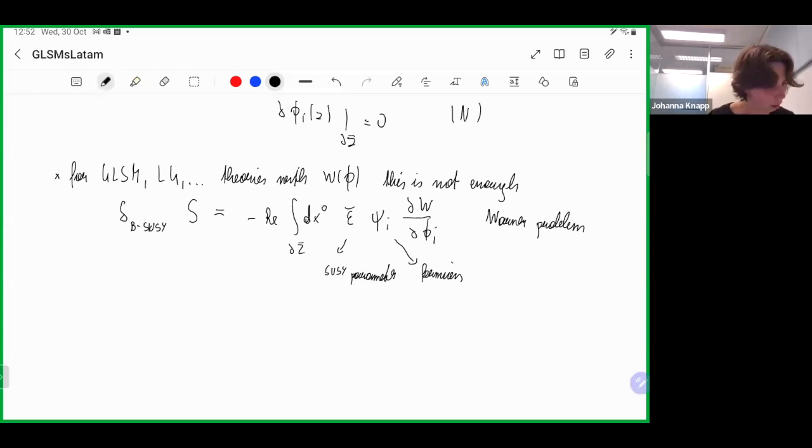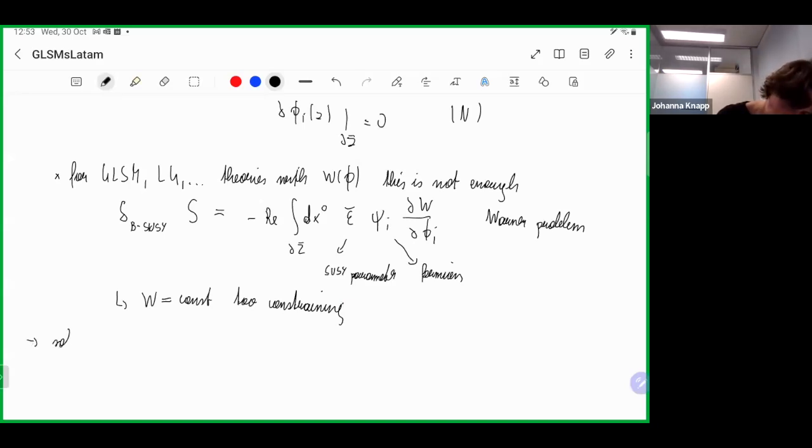And for Landau-Ginzburg models, I should also say that W constant is too constraining. We don't want that. We want to be able to compute a quintic. So this Warner problem has been around for a long time, and it was solved for Landau-Ginzburg by the first who did this, Kapustin and Lee, in 2001.